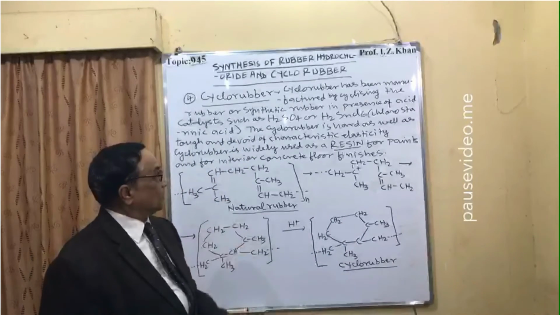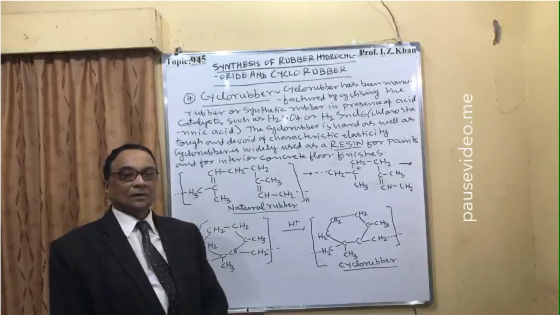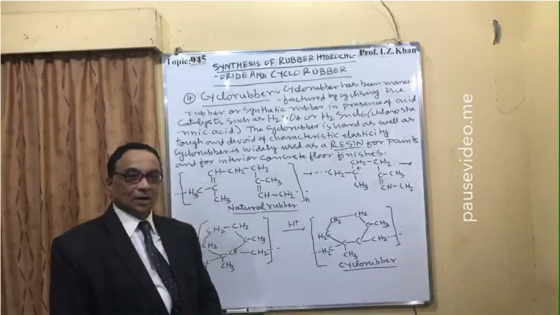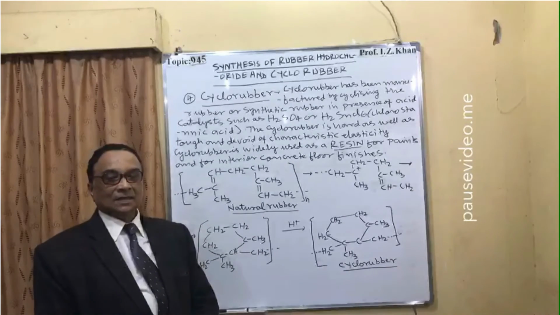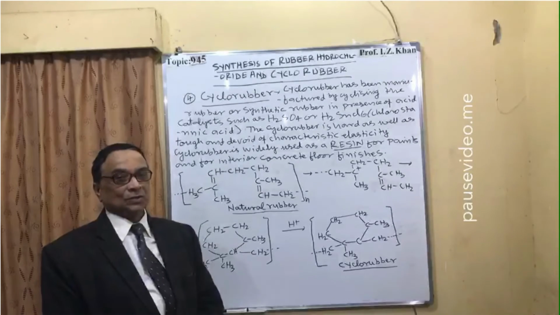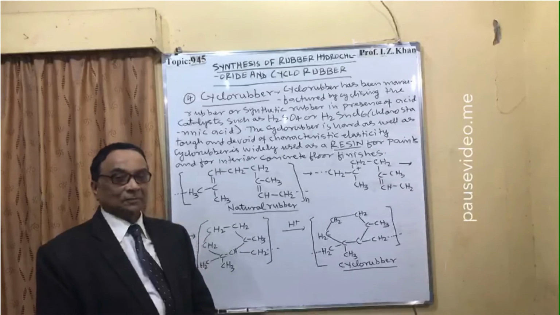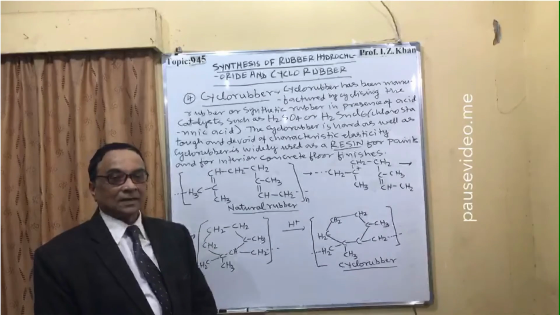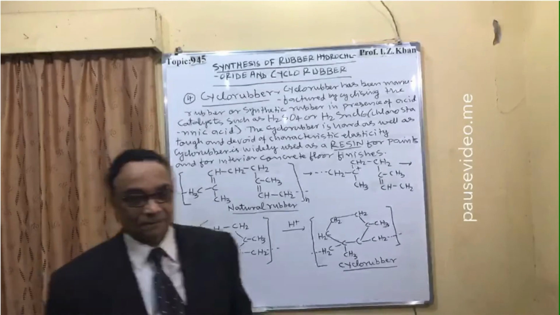In this way, from natural rubber we can manufacture cyclorubber, which is a very nice resin used for domestic purposes, for concrete finishing and for beautification.